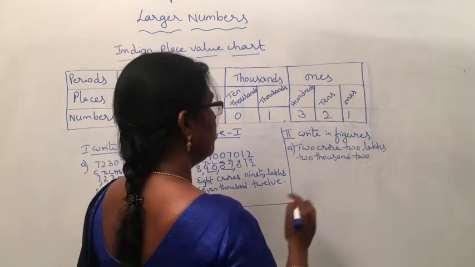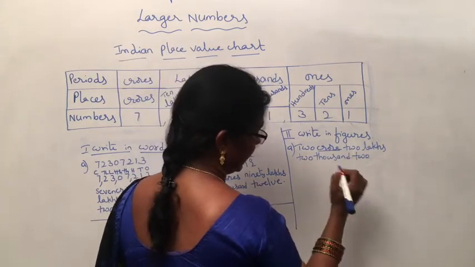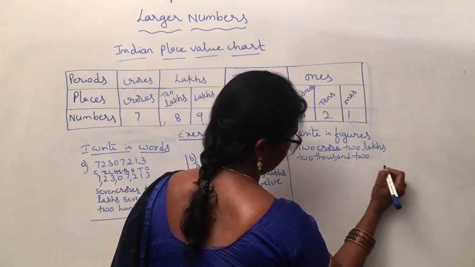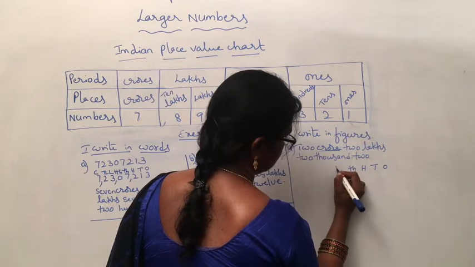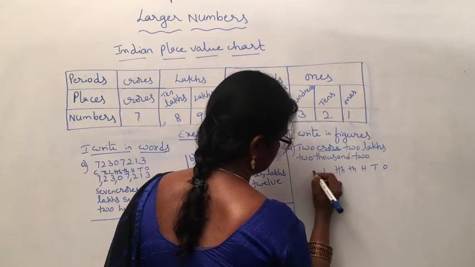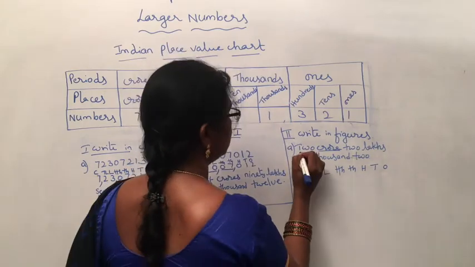How to write? What is the largest place value here? Crore. Up to crore we have to write the place values first: ones, tens, hundreds, thousands, 10,000s, lakhs, 10 lakhs, crores. Now how many crores? 2 crores.